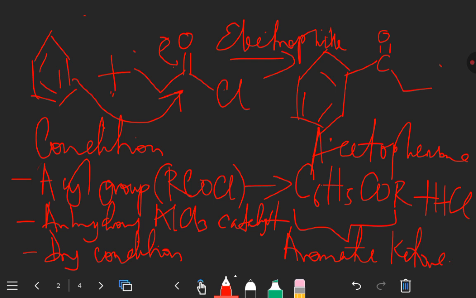We've said that the acylium ion is simply an alkyl group bonded to this carbonyl group with a positive charge like that. That is an acylium ion which is attacked by this benzene ring, the double bond on the benzene, or the pi bond rather. So this is it about the electrophilic substitution of benzene.